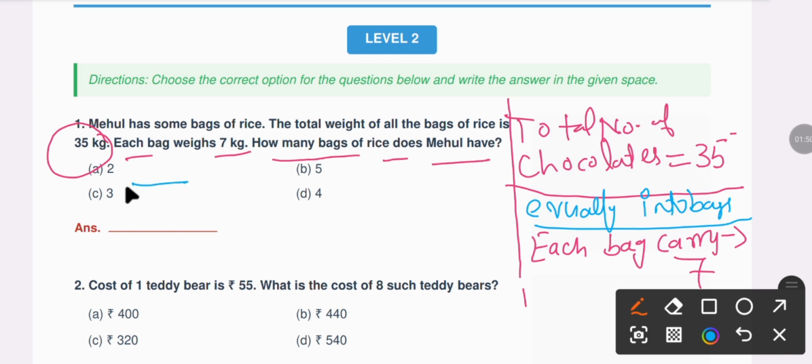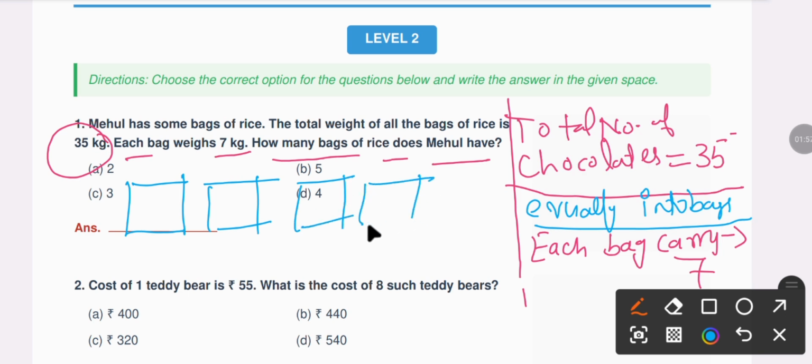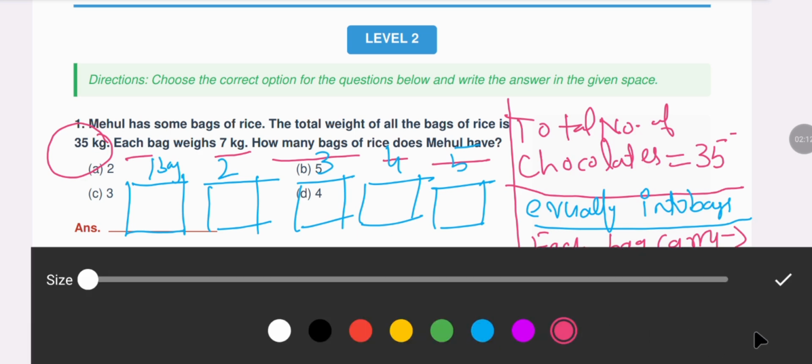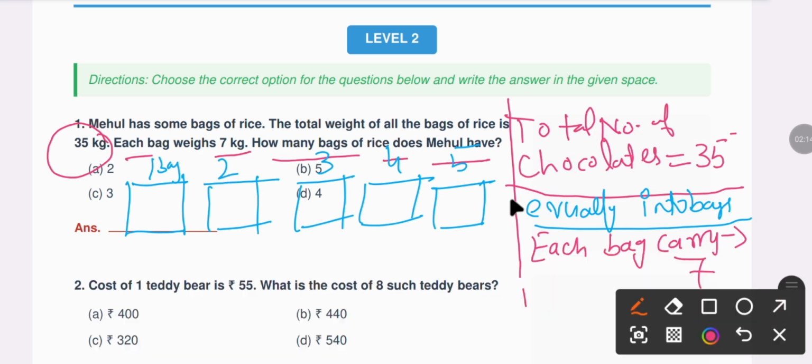Suppose these are the bags: 1 bag, 2, 3, 4, 5. We are assuming here these are the bags. Now put the chocolates into bags.